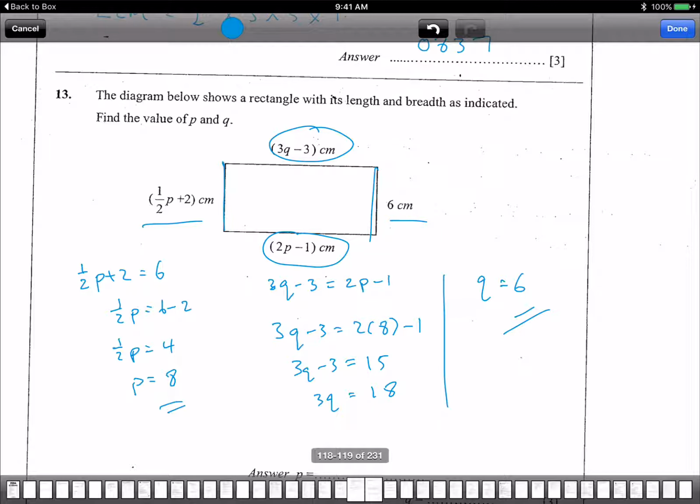Why minus 3? Where's your algebra? Okay, this should be the solution.